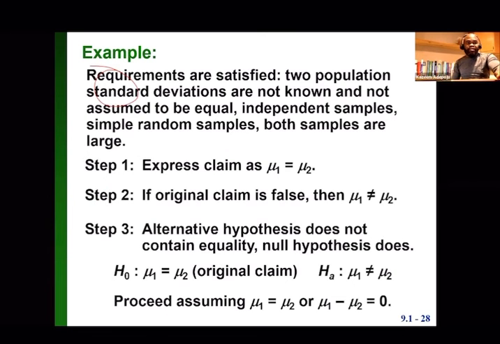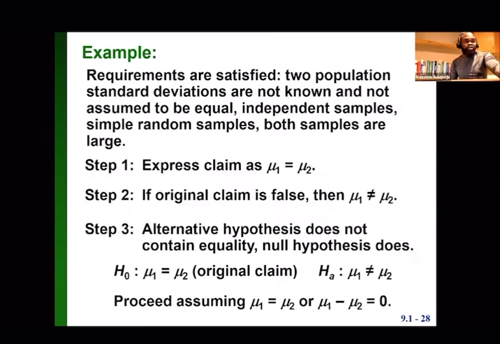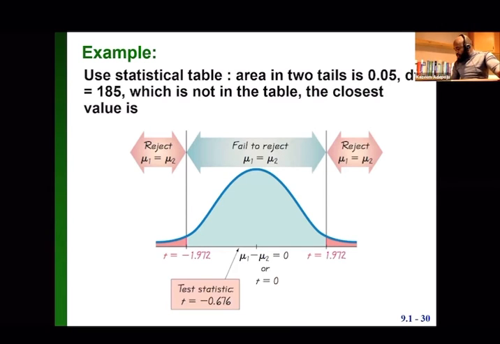Take a look at the sample sizes, 186 and 210. You make use of the smaller one, which is 186. Then you subtract 1 from 186, and you have the degree of freedom of 185. Does that make sense to the person that asked the question? Okay, so that is how we got that.